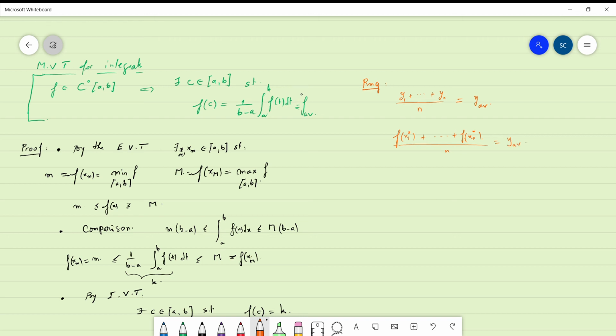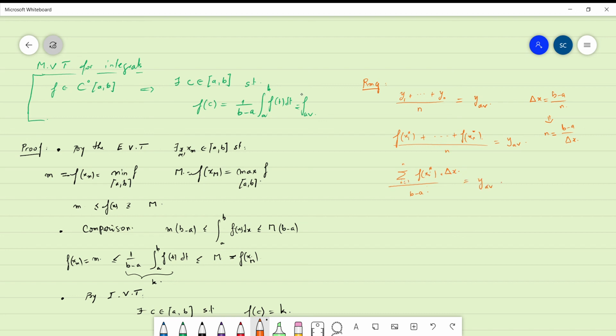Now we know that delta x is (b minus a) over n, so n can be written as (b minus a) over delta x. So this sum of f(xi*) gives you b minus a, over delta x, multiplied by delta x here, equal to y average.